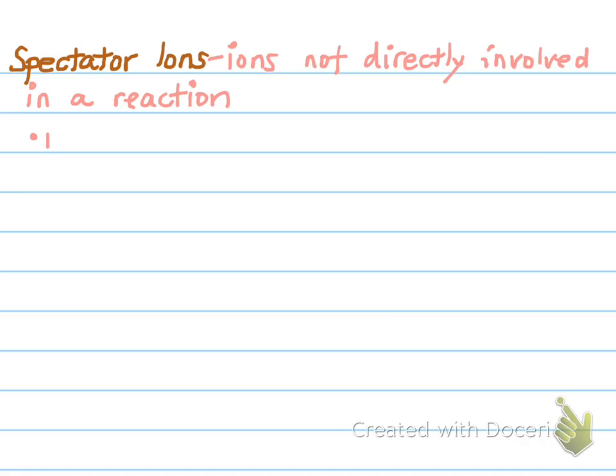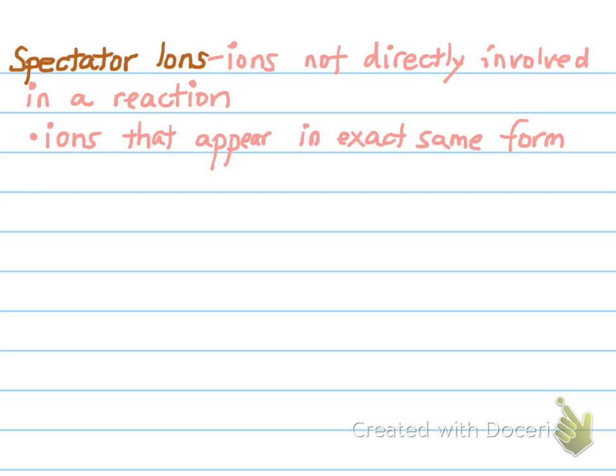Spectator ions are the ions that appear in the exact same form, and by exact same form we mean they have the same symbol, the same charge, and the same state of matter.